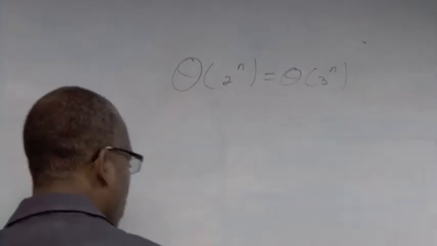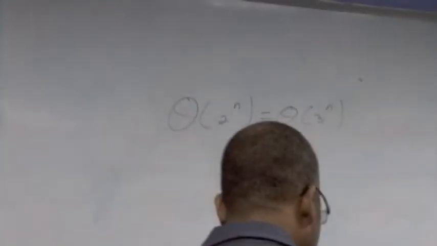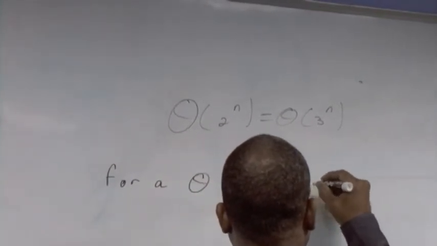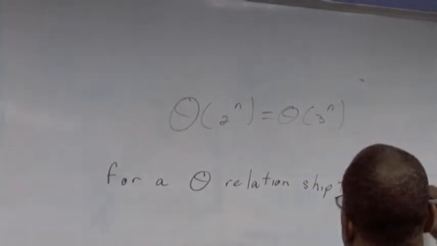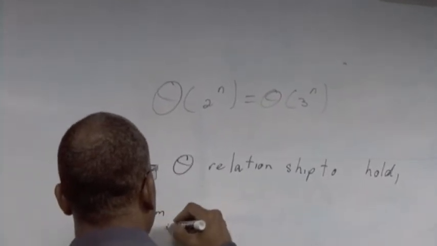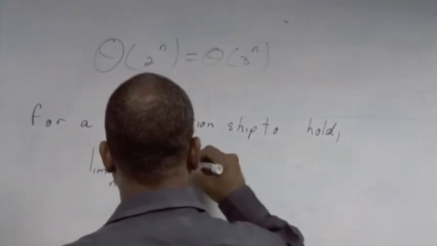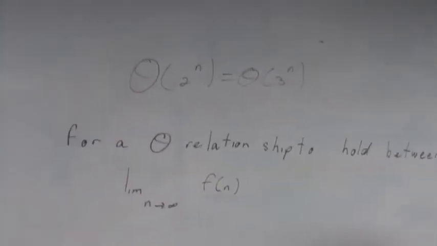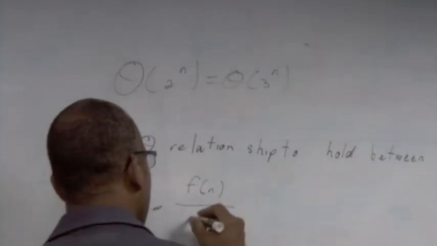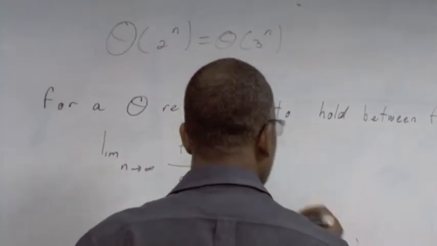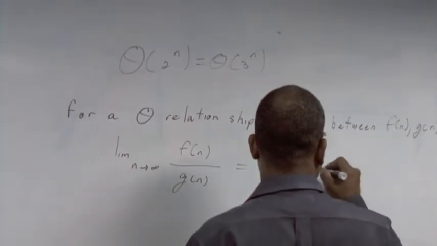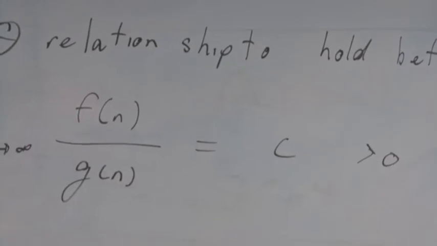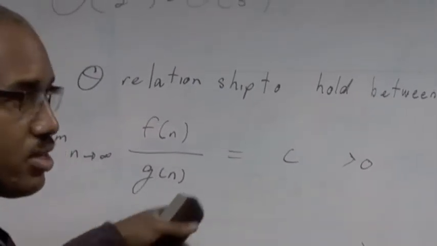For a theta relationship to hold between f of n and g of n, the limit as n approaches infinity of f of n upon g of n should be equal to some constant which is greater than 0. Make sense?